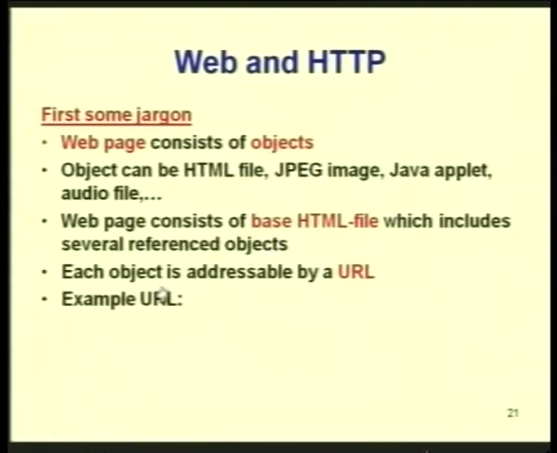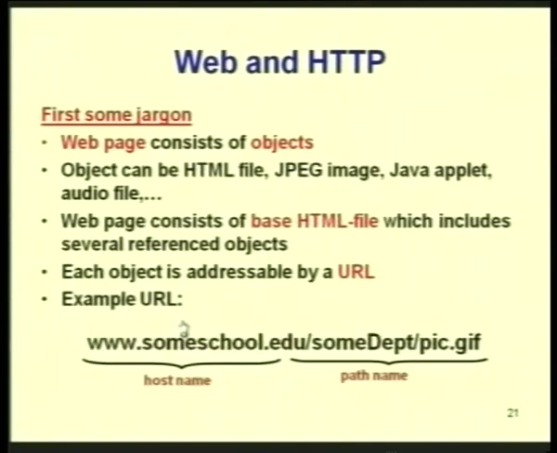Each object is addressable by a URL. An example of a URL would be www.someSchool.edu/somedepartment/pic.gif, where www.someschool.edu is the host name and the rest of it is the path name.